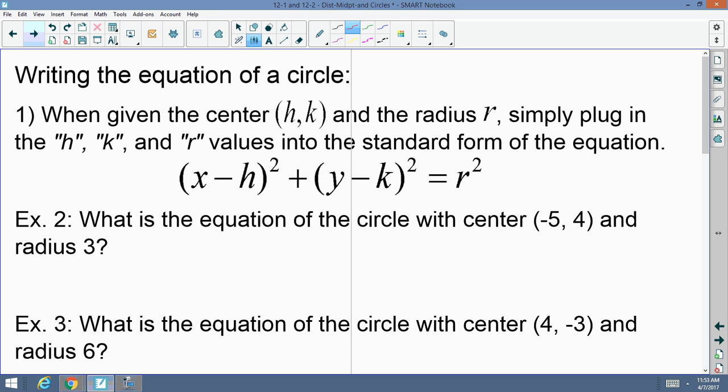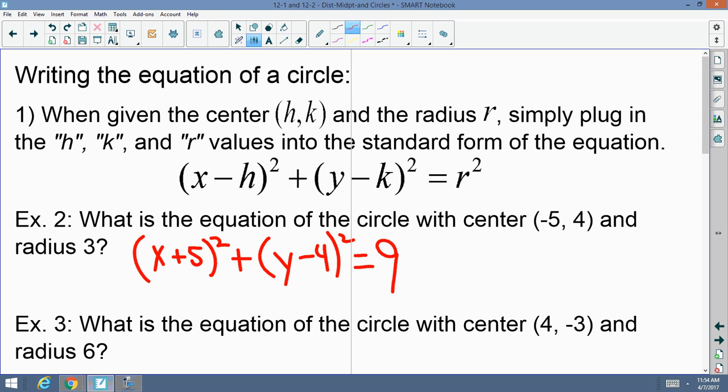Well, plug it in. X minus a negative 5 is plus 5 squared plus y minus 4 squared equals 9. Done. To give you the center and the radius, it's literally plug and chug. Just plug it in and knock it out.